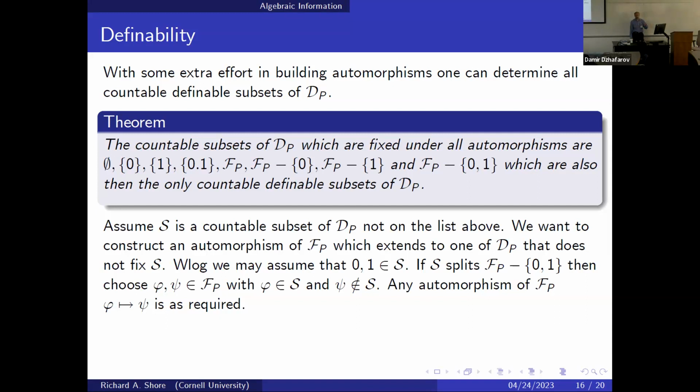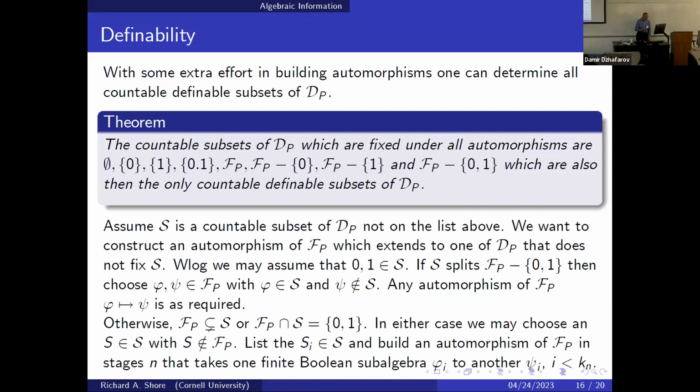So you figure out, oh well, might as well assume it has 0 and 1 in it because you can modify it without changing definability. You can check that it can't split the finitely axiomatizable ones; if it splits them, we already know you could switch them. So now we can assume that it doesn't split the finitely axiomatizable ones. So it either contains them all or it doesn't contain any except 0 and 1.